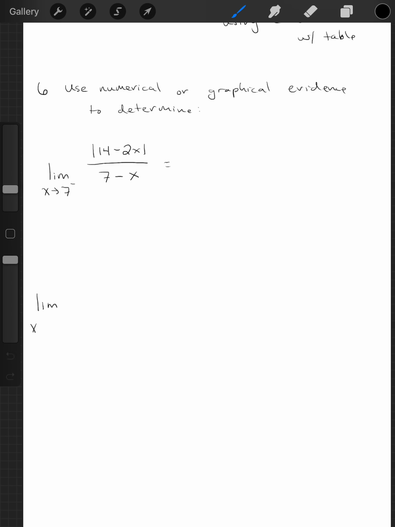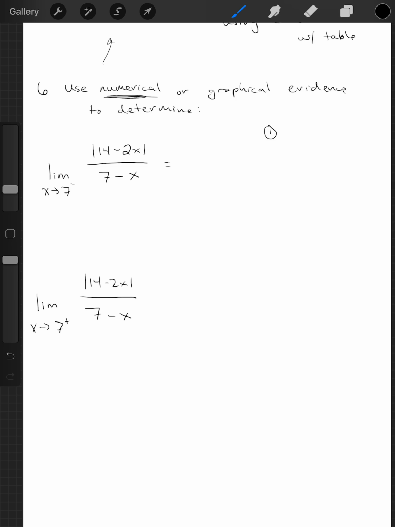And it also wants to find the limit as x approaches 7 from the right of the same function. So numerical means do the exact same thing as above.